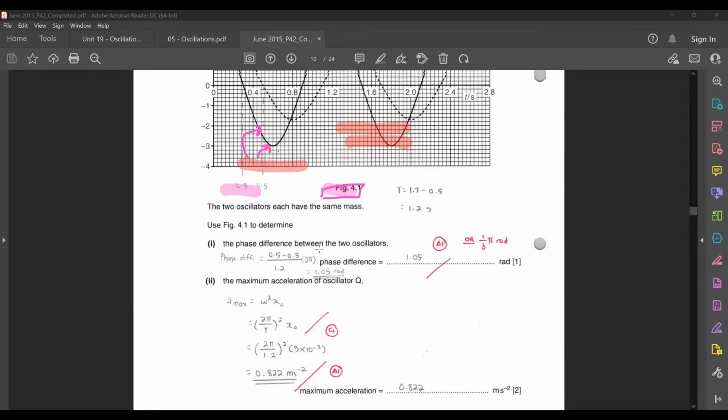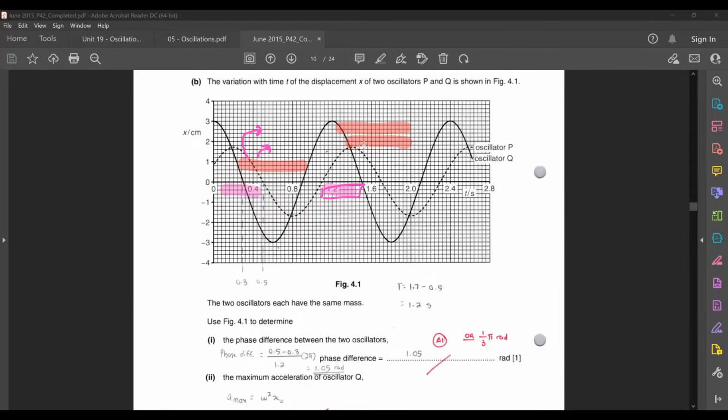So m is constant. And when you look at your graph for oscillators P and Q, omega is also constant, because omega is 2 pi over T. If T is constant, omega is going to be constant.